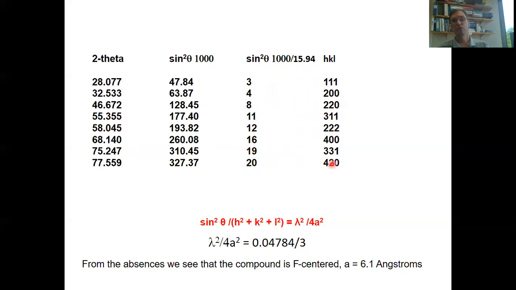And 20 by 4, 2, 0. You see in this case, all HKL values actually are unambiguous.